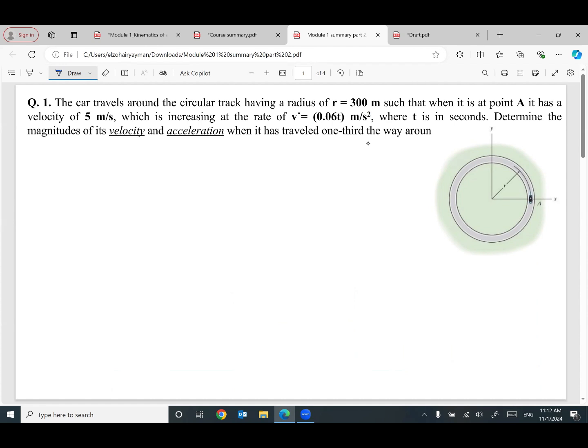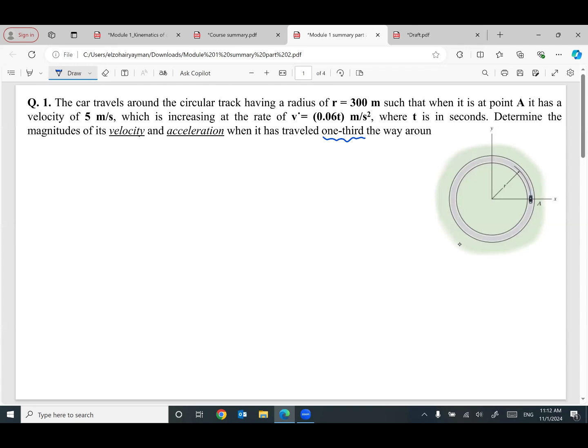So let's start this problem. We are going to figure out the velocity and the acceleration after this car moved in this circular path 1/3 only.